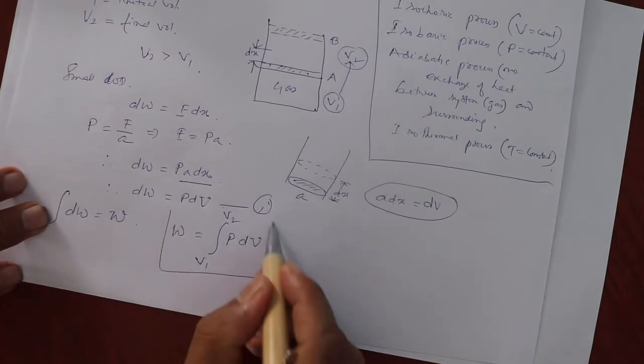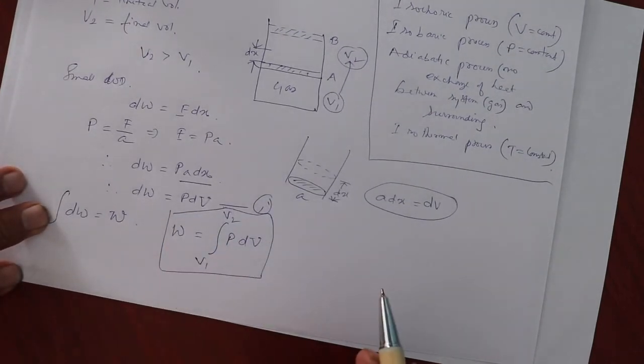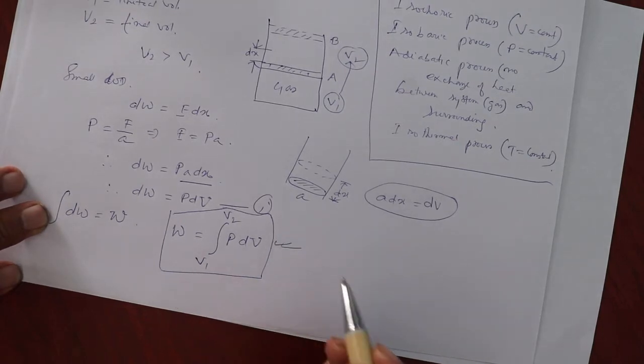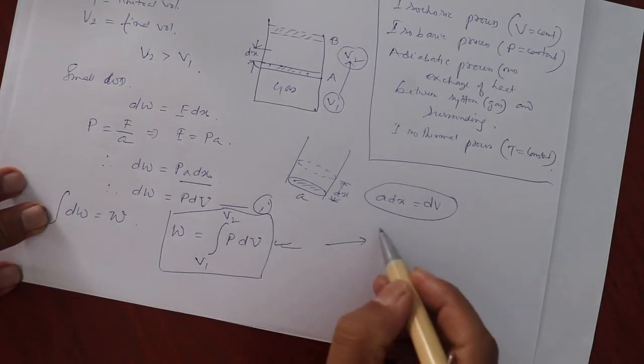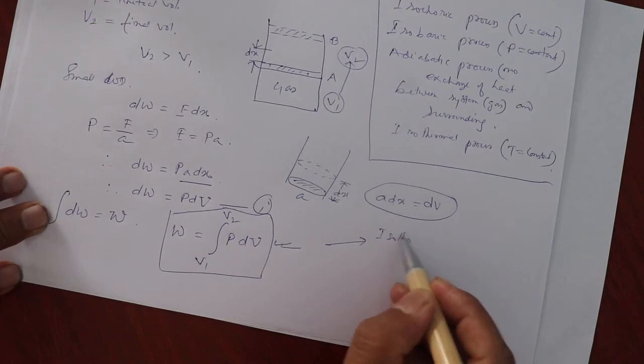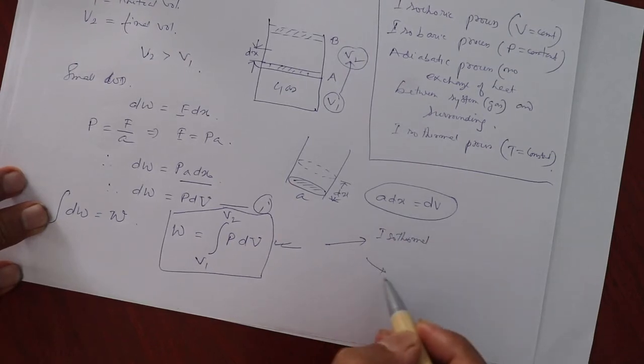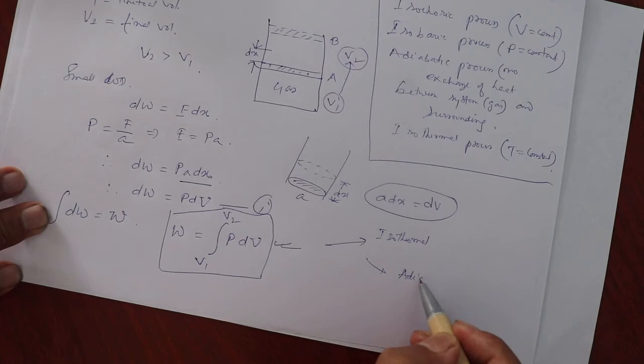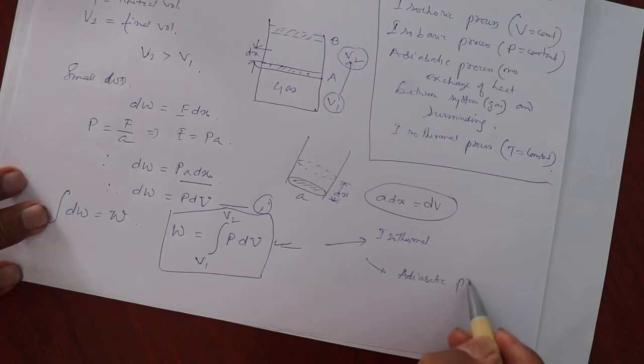So this is the general equation for work done during expansion of a gas. And this equation you can apply to the isothermal process, and at the same time the adiabatic process.